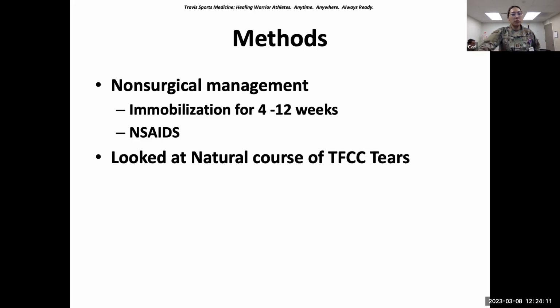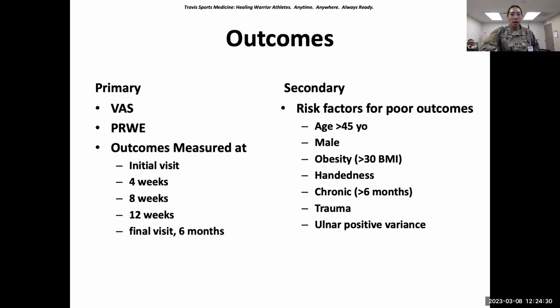They thought that patients would be more compliant with this, and they were really only worried about ulnar deviation rather than supination pronation, and allowed patients to still have pain relief without interfering with home activities or work activities. And so they looked at the natural course over this time frame. So their outcomes, primary was the visual analog score.